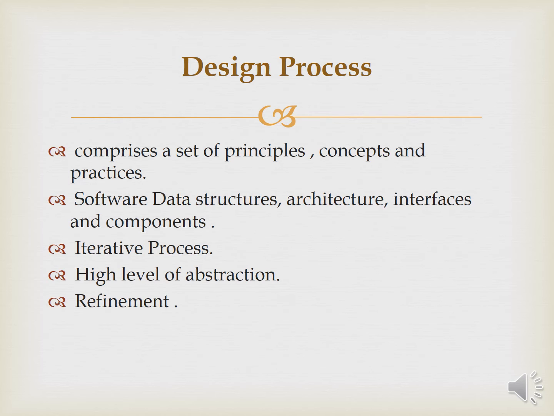As design iterations occur, subsequent refinement leads to design representation at a much lower level of abstraction. These can still be traced to requirements, but the connection is more subtle.